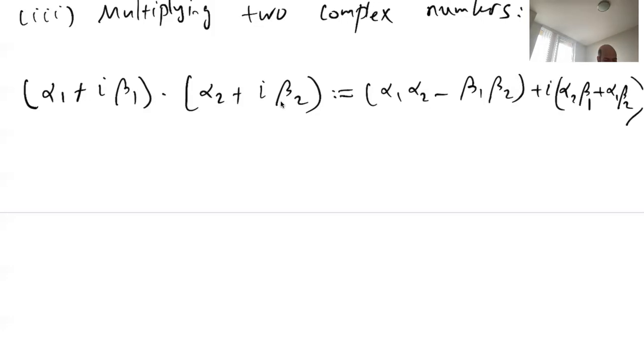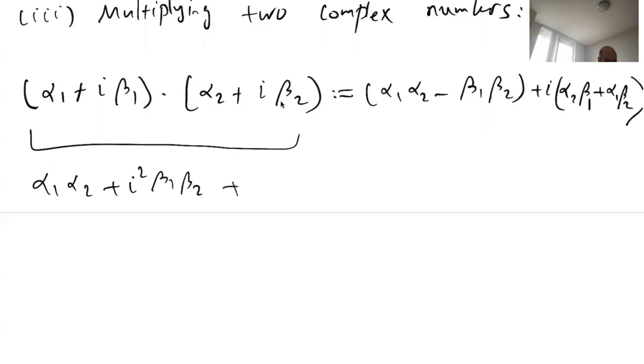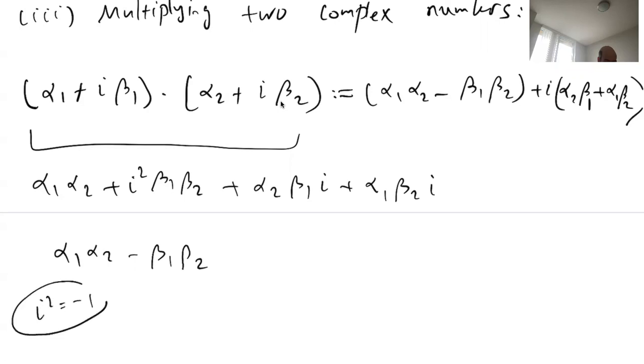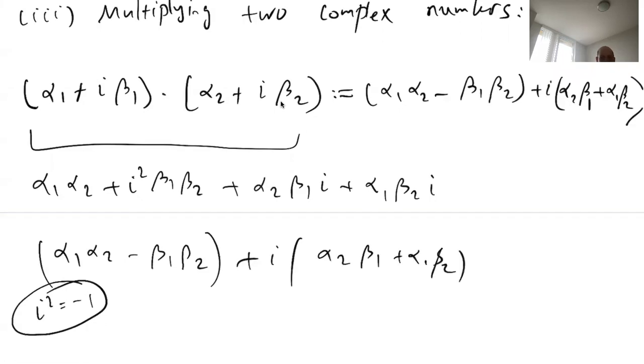If I expand this, I'll get alpha 1 alpha 2 plus I squared beta 1 beta 2, and then alpha 2 beta 1 I plus alpha 1 beta 2 I, and I squared is minus 1, so alpha 1 alpha 2 minus beta 1 beta 2, and plus I times, taking I out as a common factor, alpha 2 beta 1 plus alpha 1 beta 2, which is what I wrote here.